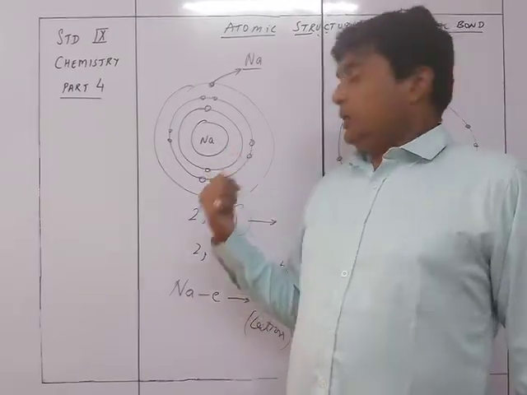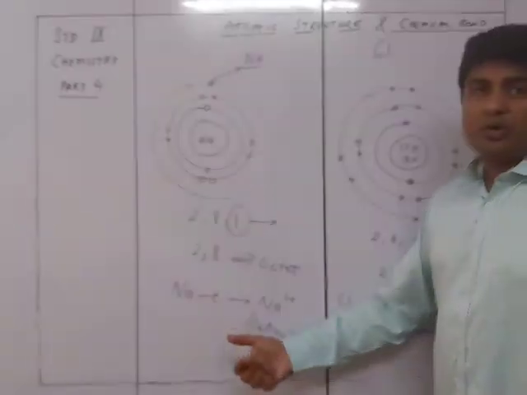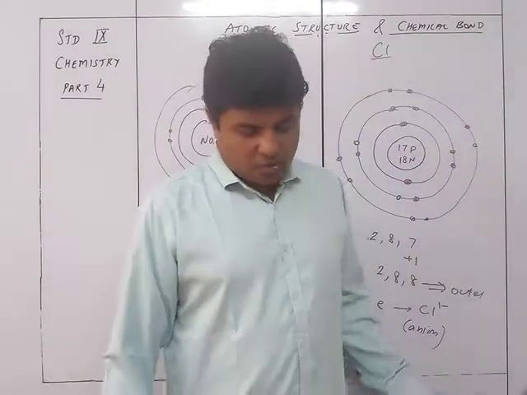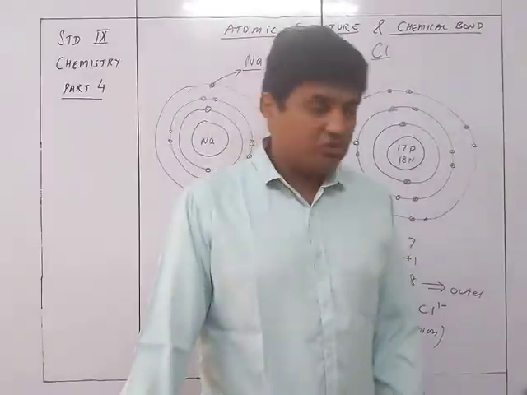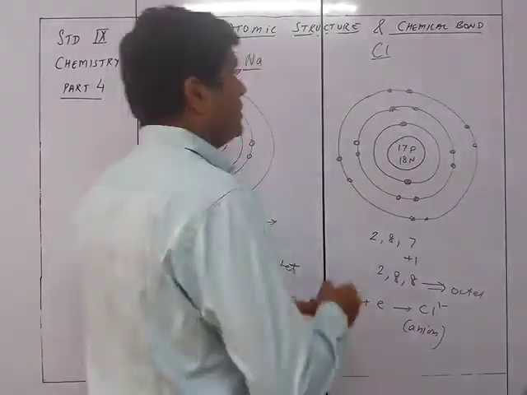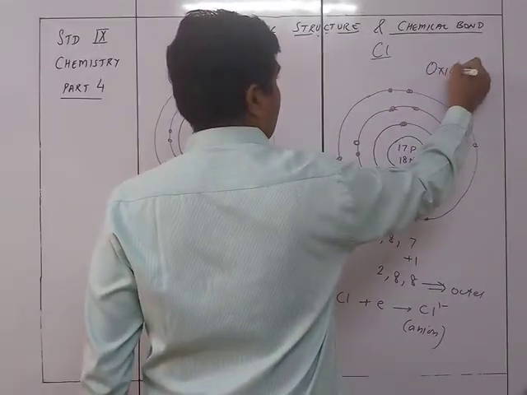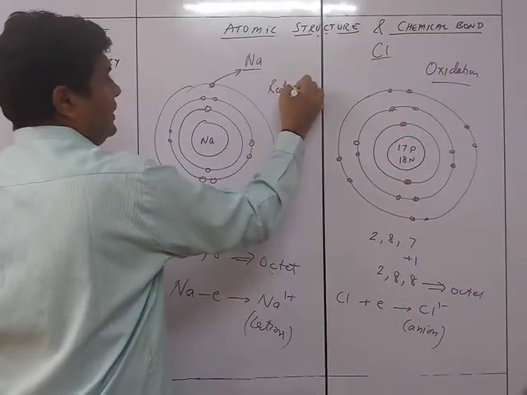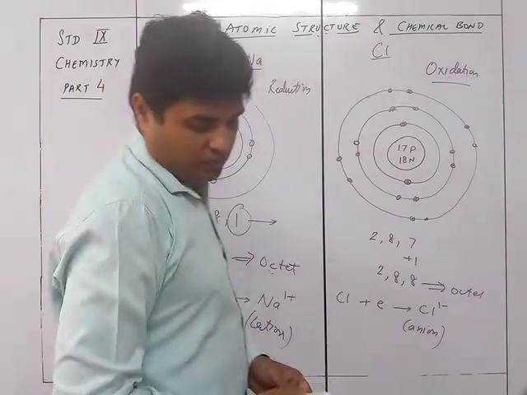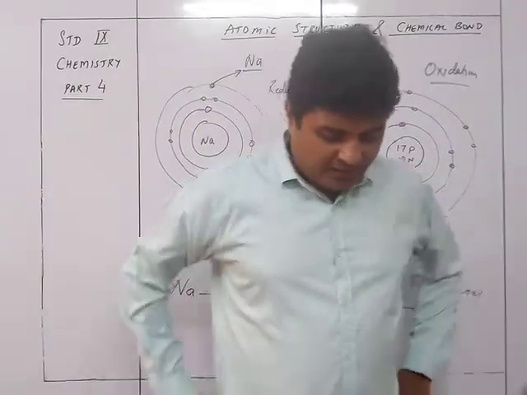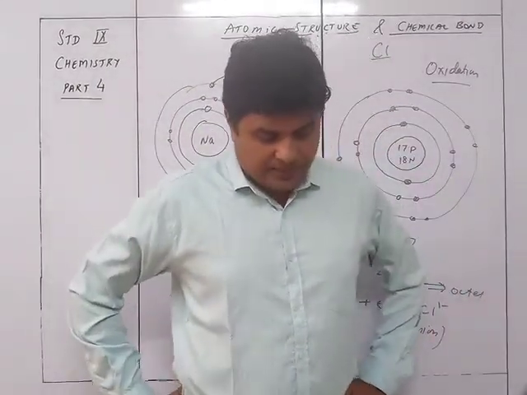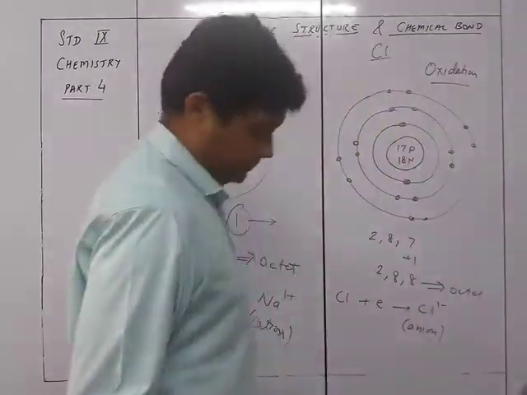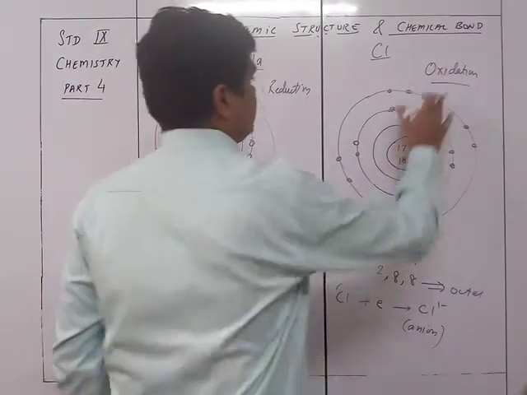So the loss of electron over here is oxidation, and the gain of electron is reduction.